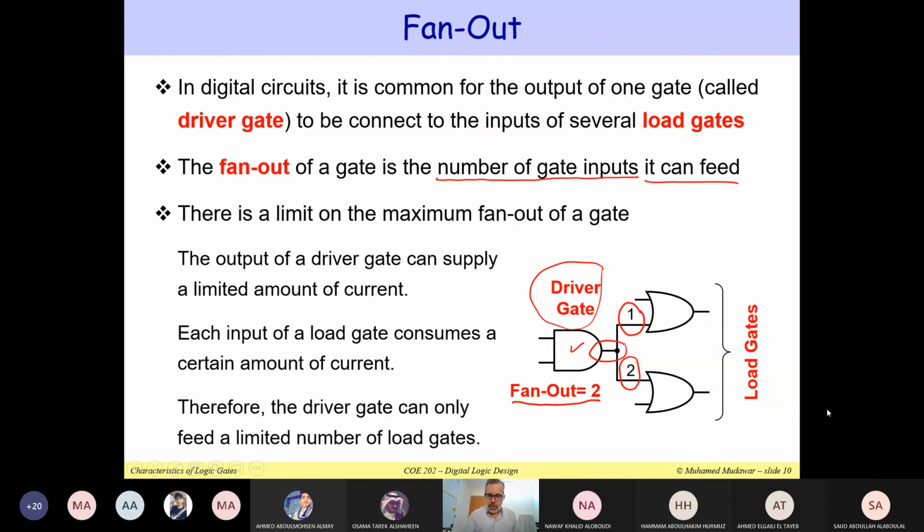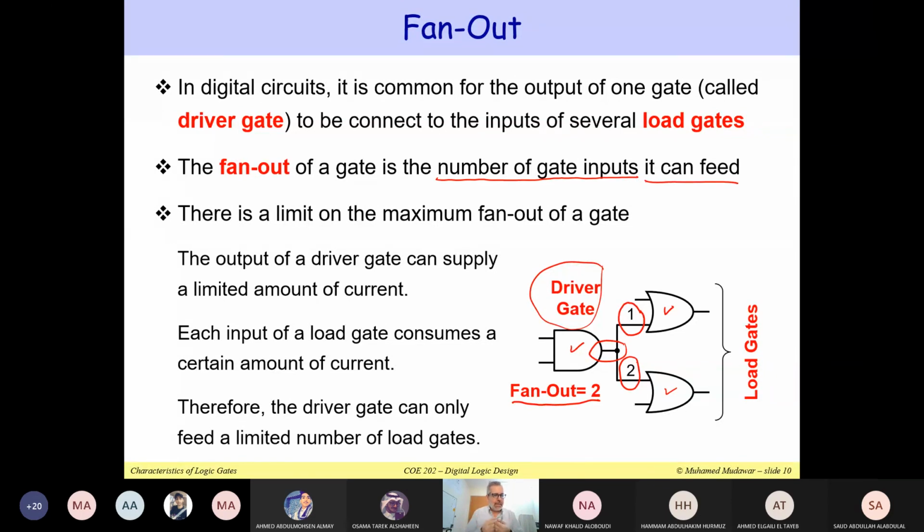I call these OR gates the load gates, because this is the load for this AND gate. Each gate needs to consume a certain amount of current in order to switch, to change its output. Now, if the driver gate can only supply a limited amount of current and you increase the fan out, then each gate is going to receive less current.